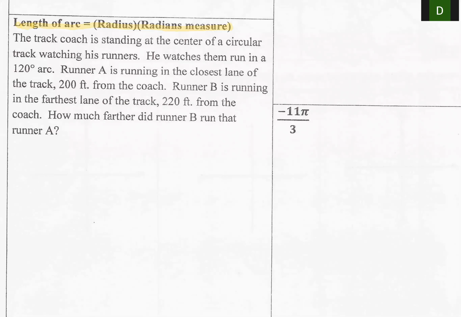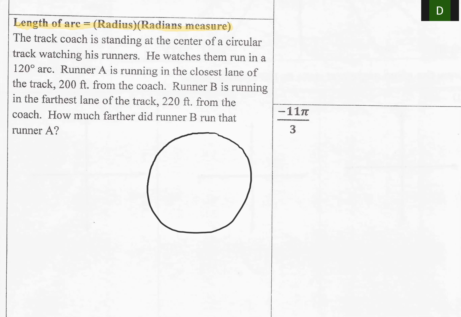Okay. So right here, for anyone that does track or is interested in track, or even anyone that's not interested in track, how this is going to work is on a track, you have an inside lane and an outside lane. So I'll start with the outside. Let's pretend this is the outside lane. Well, that was a pretty good circle.